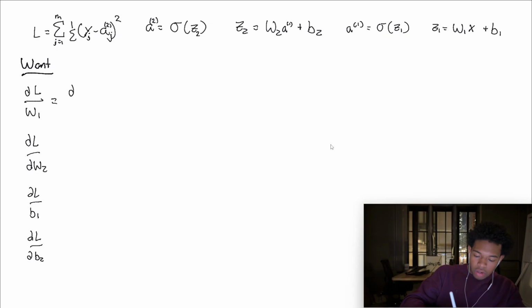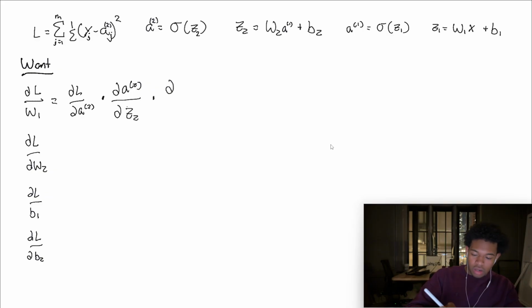It's going to be partial L over partial A2, times partial A2 with respect to Z2. And we're just going to go on.